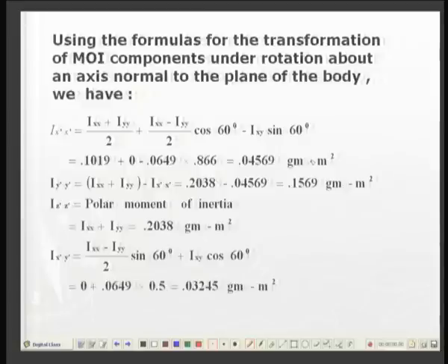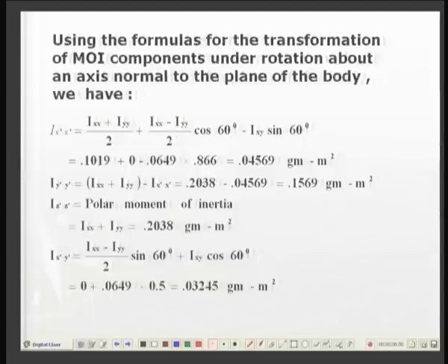Rest is substitution. Because Ixx and Iyy are equal, the difference divided by 2 is 0. So the first term will be 0.1019, the second term because of equality is 0, and the third term will be minus Ixy, 0.0649, into sine of 60, which is root 3 by 2, 0.866. So, I have got it.